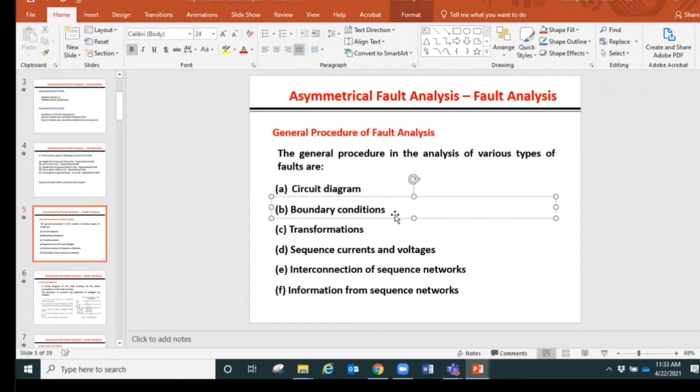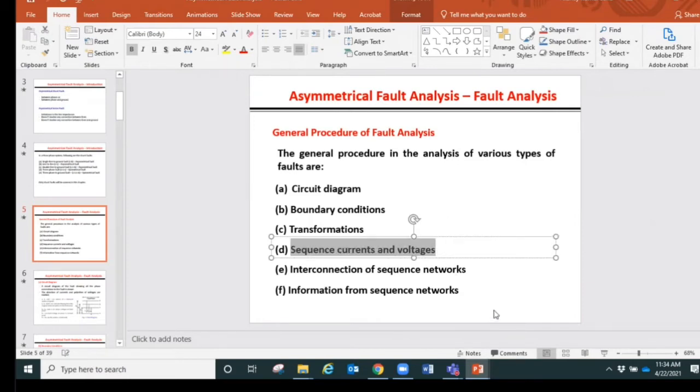From there we need to do the transformation, meaning we will come to the positive, negative and zero sequence components: positive sequence voltage, negative sequence voltage and zero sequence voltage will be in our equations. Similarly, positive, negative and zero sequence currents will be there. That's the next step. So we now have the sequence currents and sequence voltages.